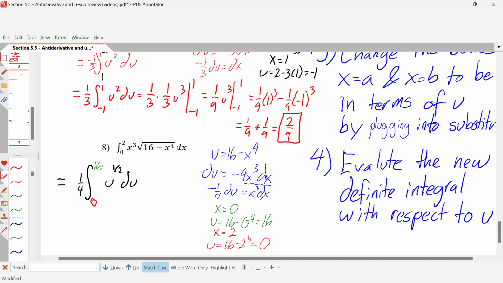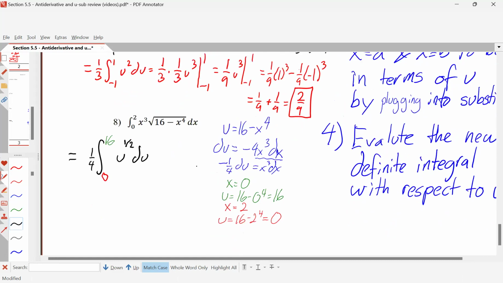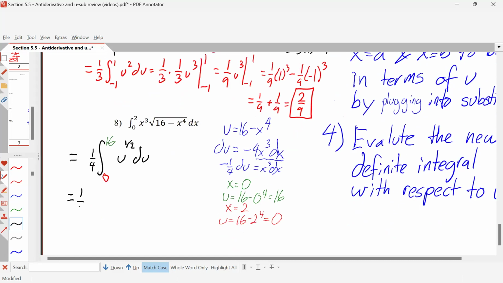And now we can use that power rule of adding 1 to our exponent. So 1/2 plus 1 is 3/2, and dividing by our new exponent 3/2, when we divide, becomes 2/3. So we have 2/3 u to the 3/2 from 0 to 16.